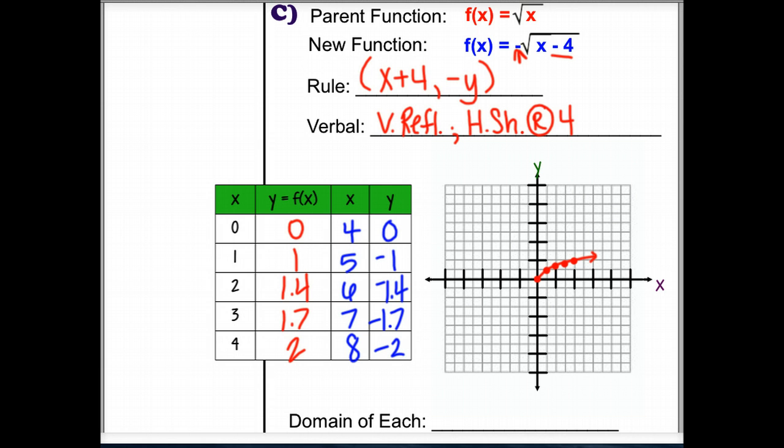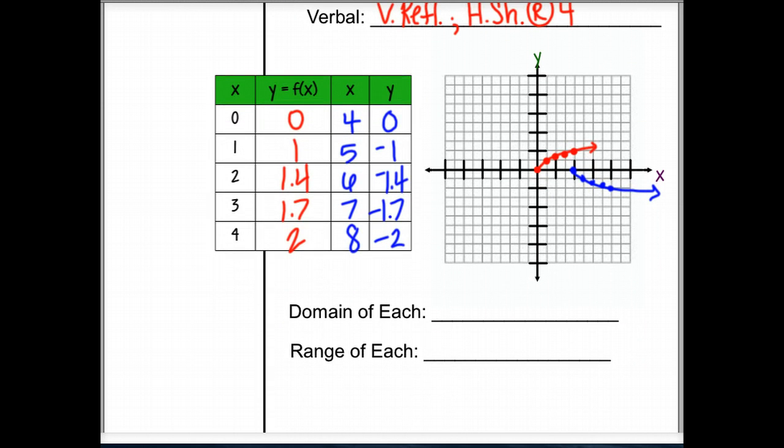Going ahead and graphing these, we have (4, 0), (5, -1), (6, -1.4), (7, -1.7), and (8, -2). So when we write our domain and range for that new function, x is such that x is greater than or equal to 4, and y is such that it is now less than or equal to 0 because it all goes below the x-axis.